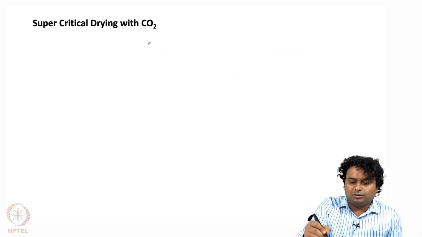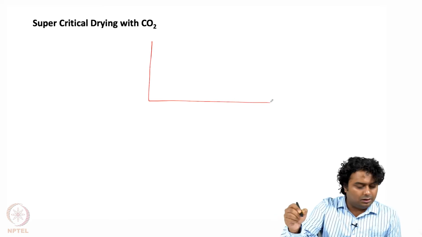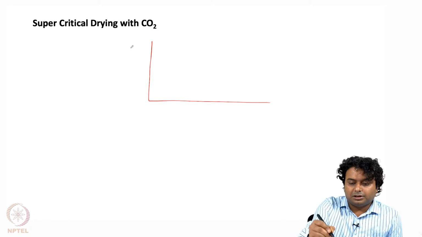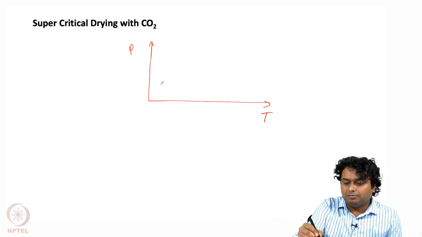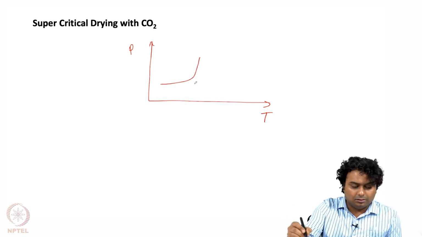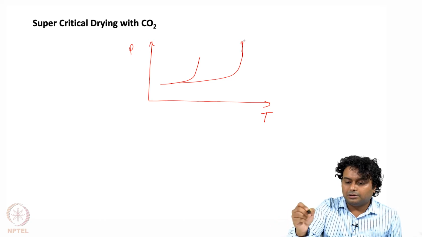Now for CO2 supercritical drying, we use liquid CO2. So again let us draw the pressure temperature diagram. This is pressure and this is temperature, and then we have this graph. Let us say this is the critical point.